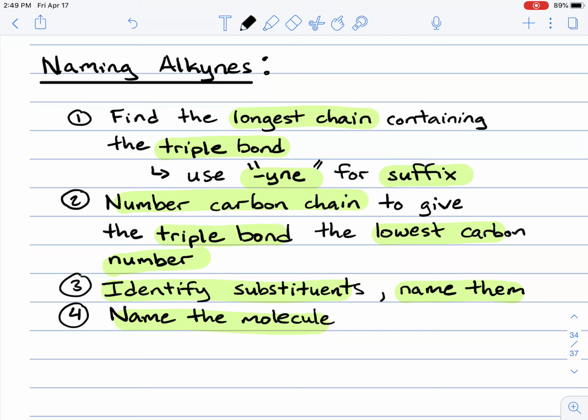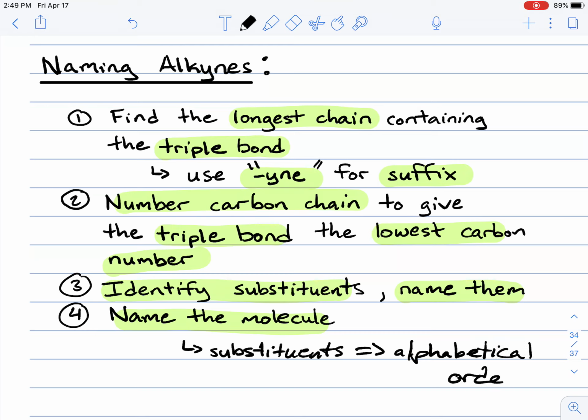And you want to make sure that your substituents are always in alphabetical order if there are more than one different types. Substituents need to be in alphabetical order. Okay. All right, so let's go ahead and start.